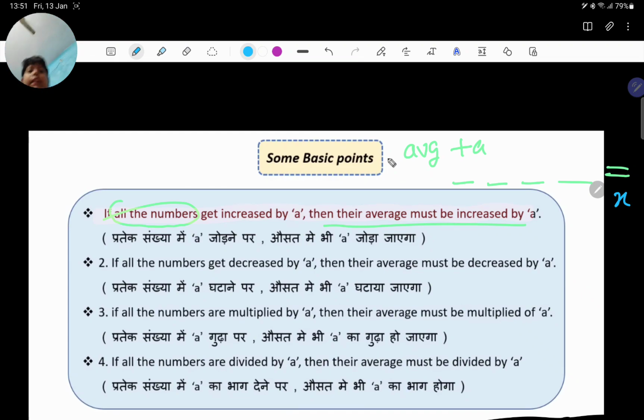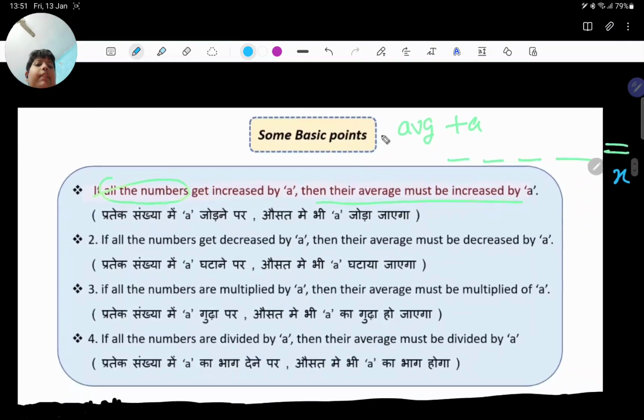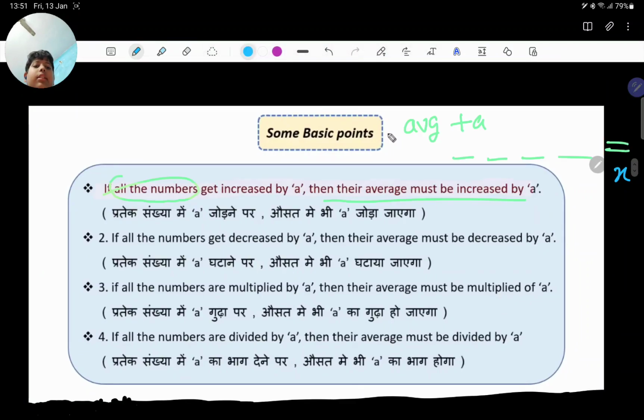Then when we subtract a from all of them, minus a, the average would also be decreased by a. But what we have to keep in mind is that all the numbers get decreased by the same number.